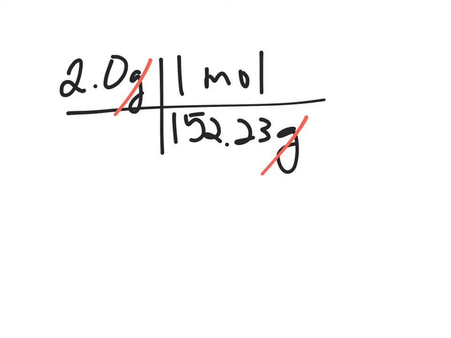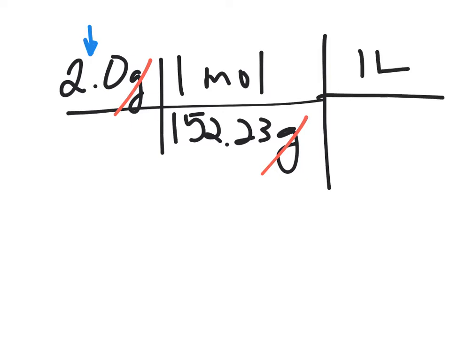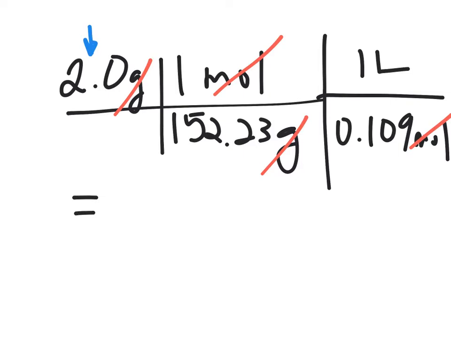I'm just going to keep going because I now know how many moles of thujone I have if I've got 2 grams. I need to know, though, what volume of that 0.109 molar solution do I need to get that amount. So I know that I will need 1 liter of that solution for every 0.109 moles that I want. So now my moles cancel out, and this will tell me how many liters of solution.